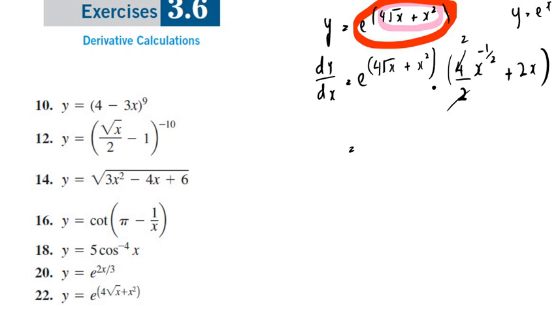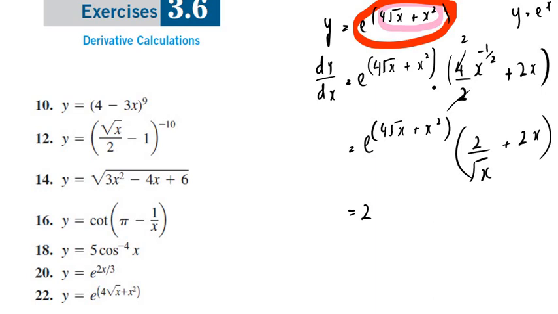So the differentiation of the parent function is the same as the function, x plus x squared. Now it's time to multiply it by the differentiation of the baby function. We encapsulate it with brackets. So we have 4 and it's x to the power half, so we divide it by half.